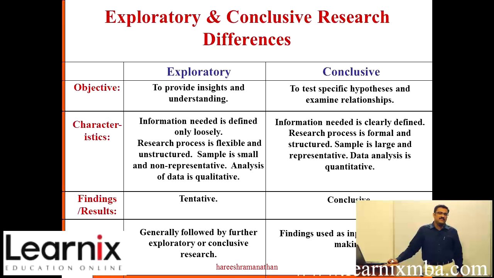In exploratory research, the sample may be non-representative, and the analysis of data inclines more towards the qualitative aspect. If we comment on the findings, the findings of an exploratory research may be tentative, but in conclusive research the result may be conclusive in all senses.